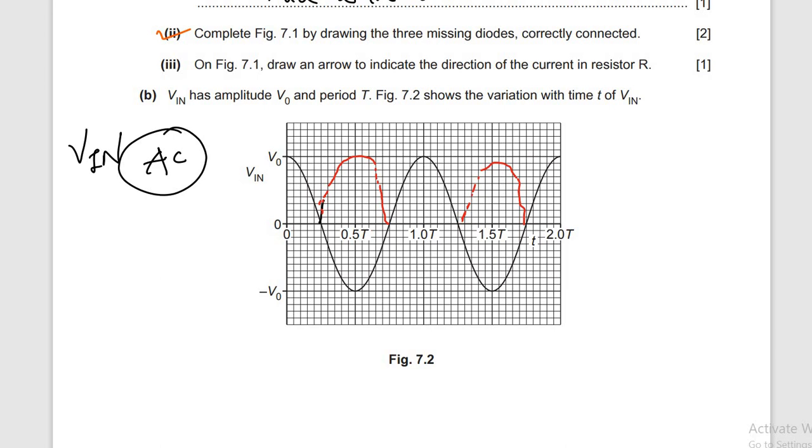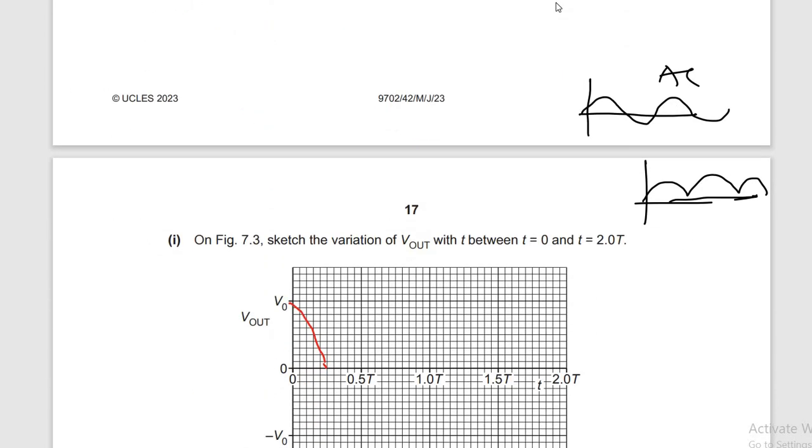Please check it, 0.5 t. 1, 2, 3, 4, 5, 6, 7, 8, 9, 10. Let me check it again. I'll stop here. The peak is at 0.5.